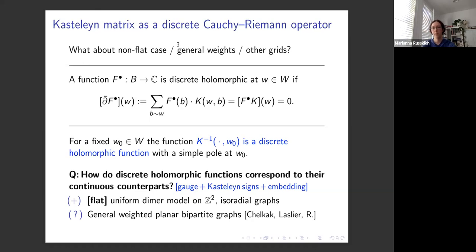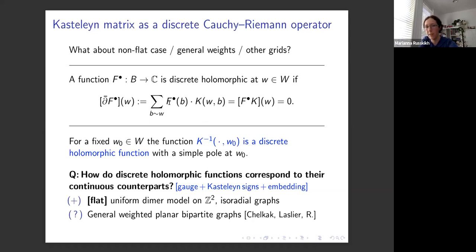Now, what about a general weighted planar bipartite graph? Can we always think about the Kasteleyn matrix as a discrete Cauchy-Riemann operator? On one hand, we can always define on a discrete level the function to be discrete holomorphic if it is in the kernel of the Kasteleyn matrix.